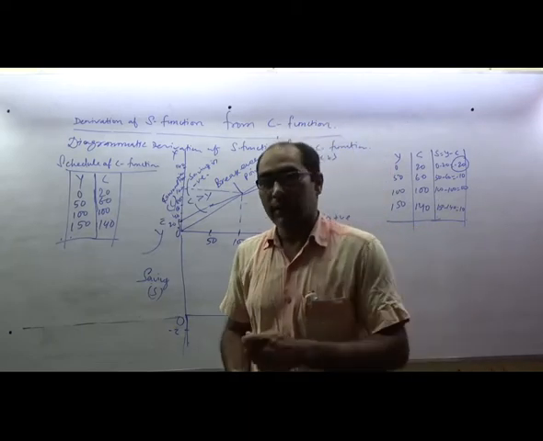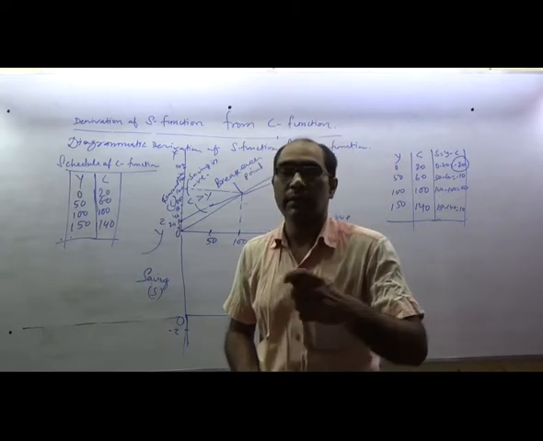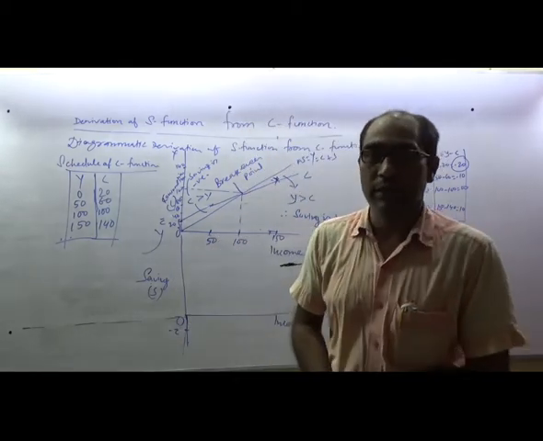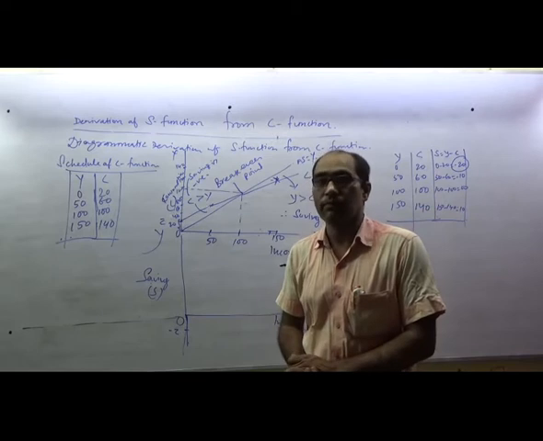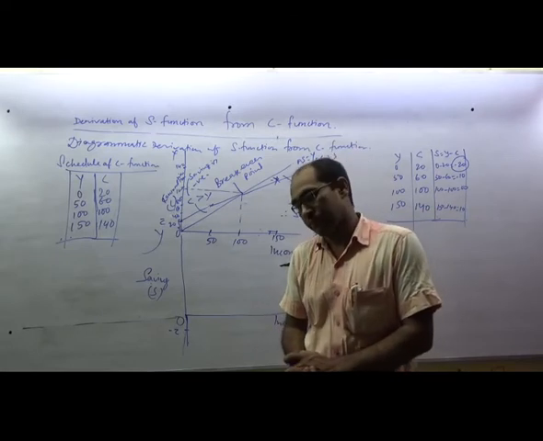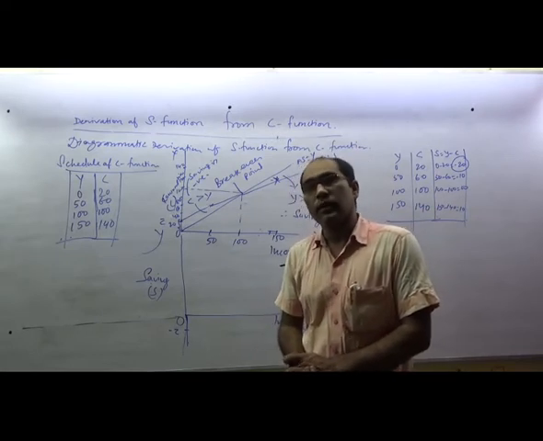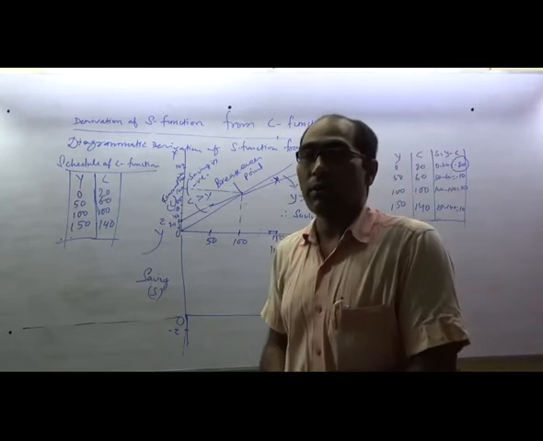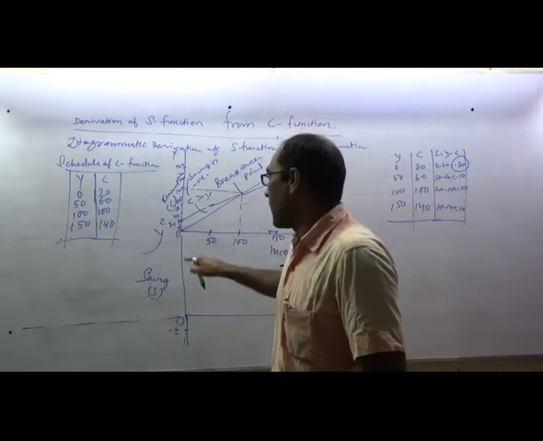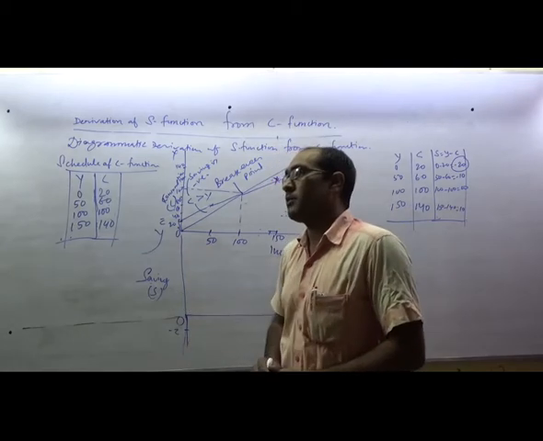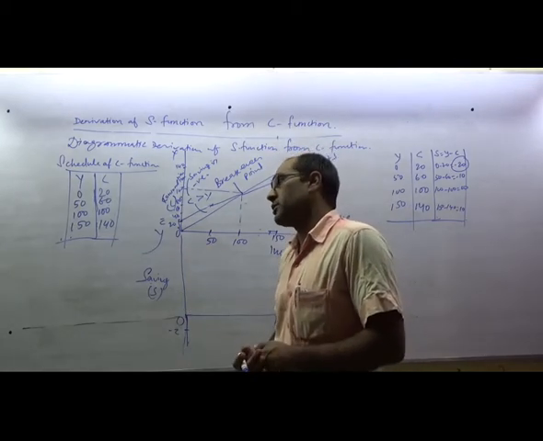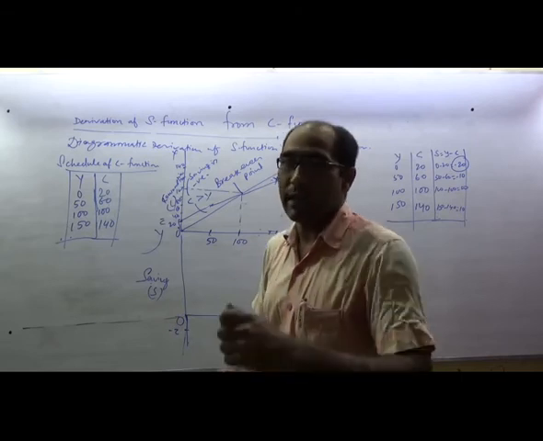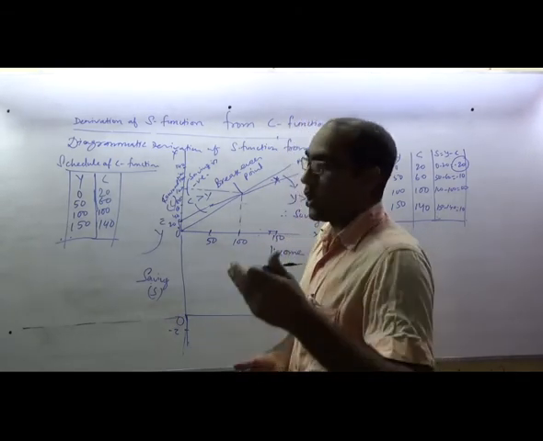Whatever consumption or expenditure is made by the economy on consumption at the level of zero income may be compensated by de-saving or borrowing. So dear student, at the zero level of income, the minimum basic consumption required for survival of the economy is the same as the level of de-saving or borrowing.